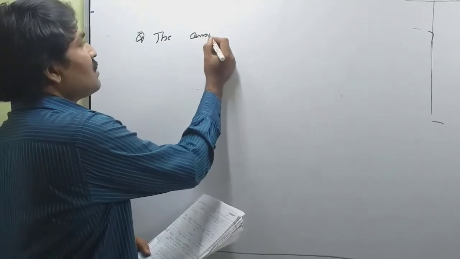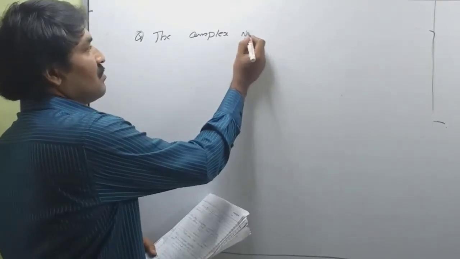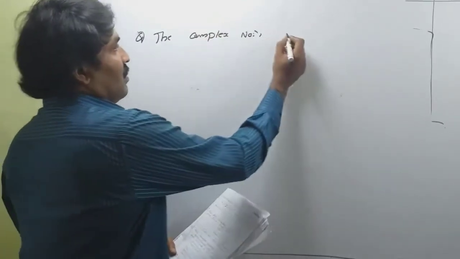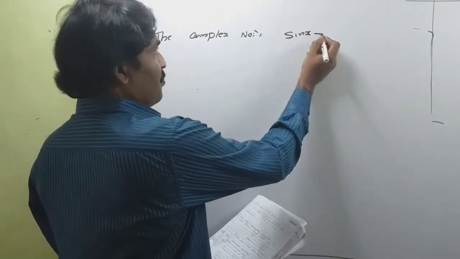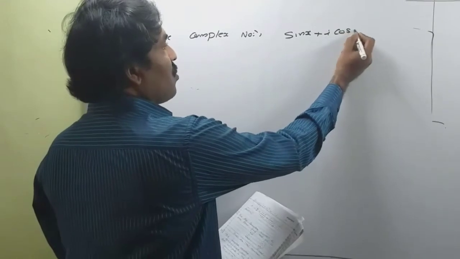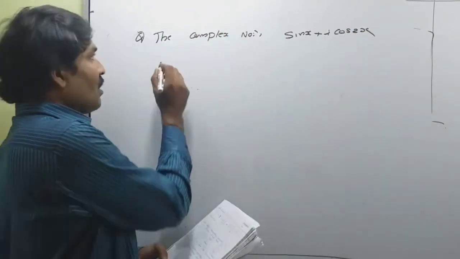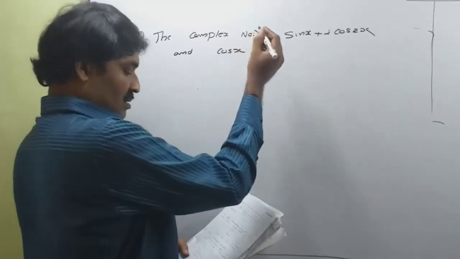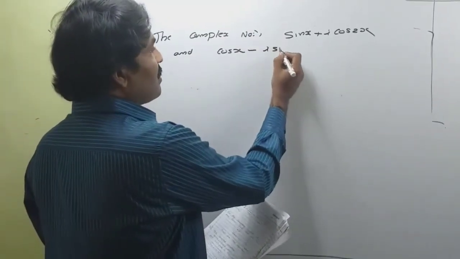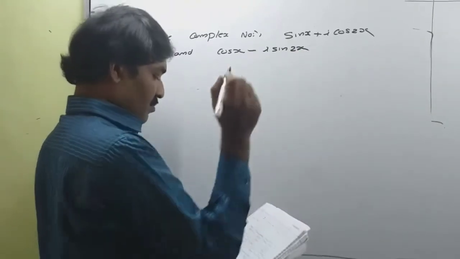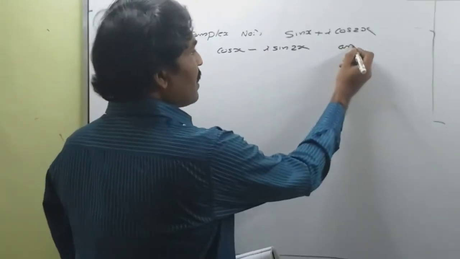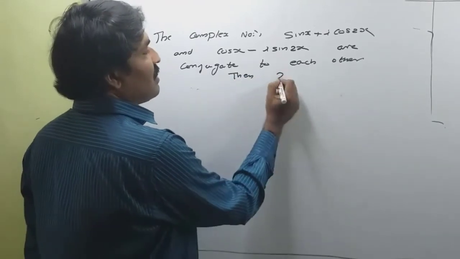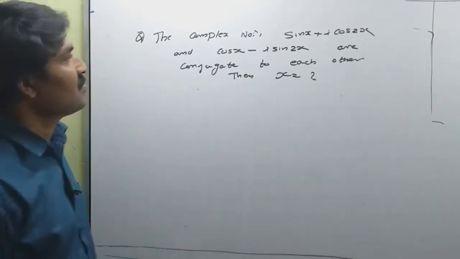The complex numbers sin x plus i cos 2x and cos x minus i sin 2x are conjugate to each other, then x is equal to what?